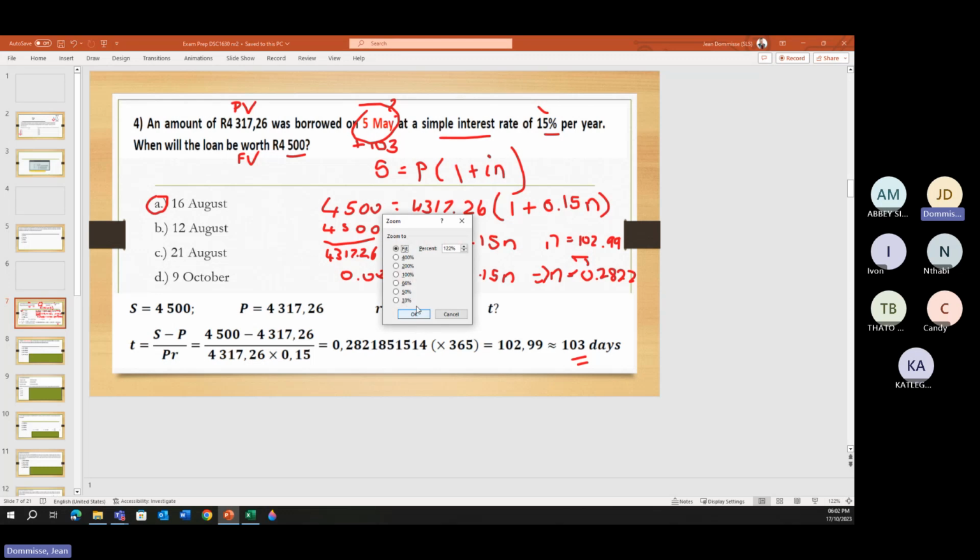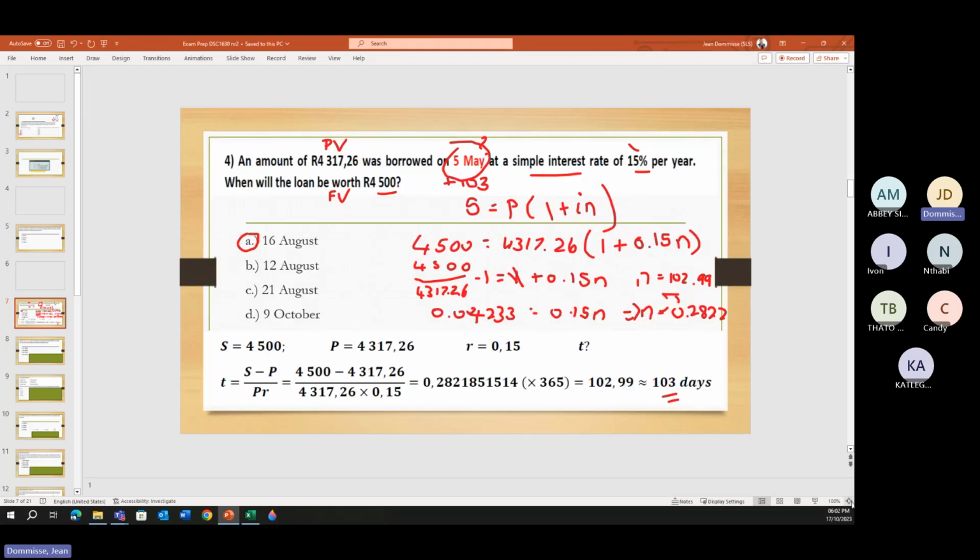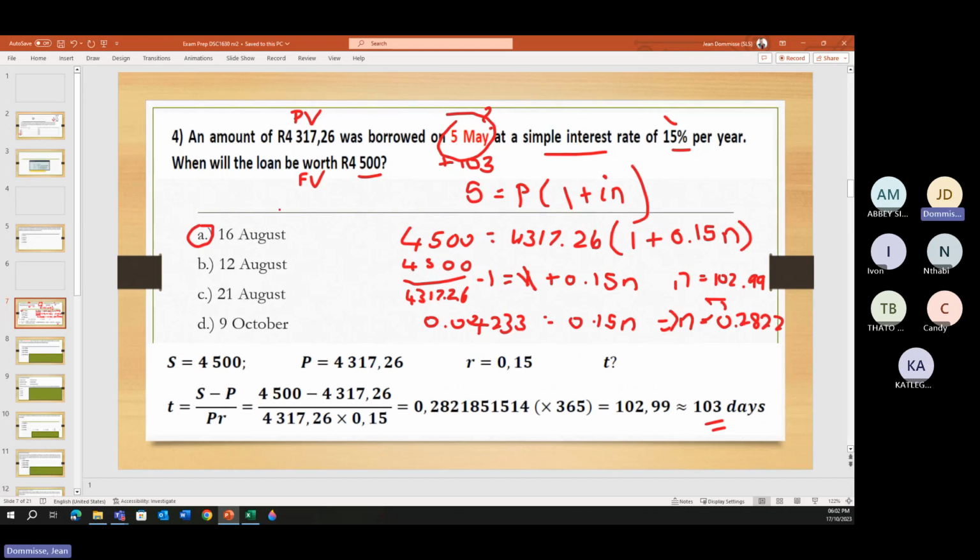Let me just correct this again. You will get your answer of 16 August. What I think is also important here is that, because it's 102.99 for 103 days, they didn't give you options of 15, 16, and 17 August.